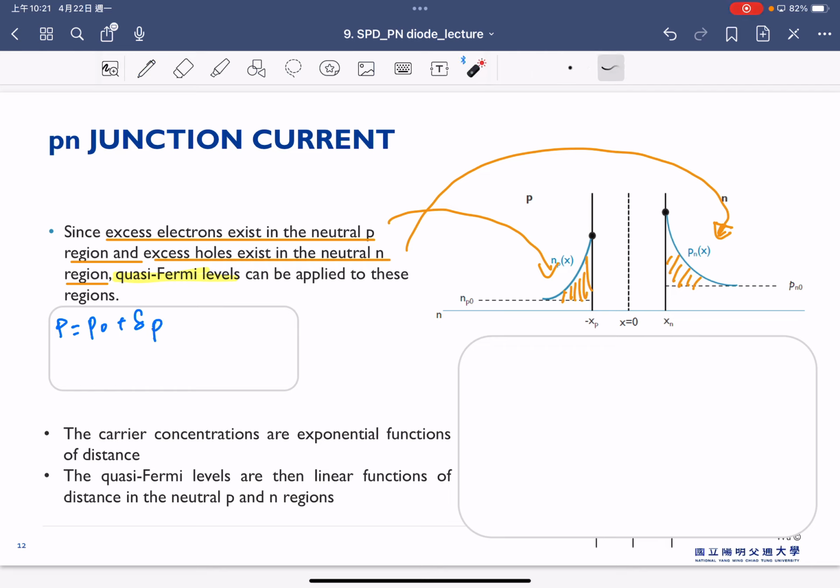So the total carrier concentration must be the thermal equilibrium hole concentration plus the additional, and N is equal to N0 plus delta N. In this case, we have to use the quasi-Fermi energy to describe the concentration. So therefore, I have to draw the quasi-Fermi level.